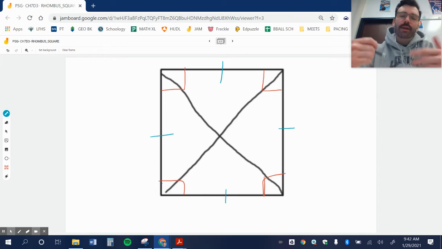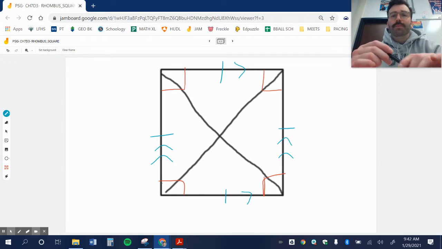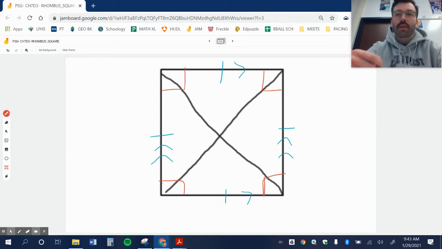Now we have to recognize that these opposite sides from the parallelogram are parallel. It's best if you make your diagram pretty big like I did, because we're about to draw in a lot more here. The next thing we need to mark are the diagonals.